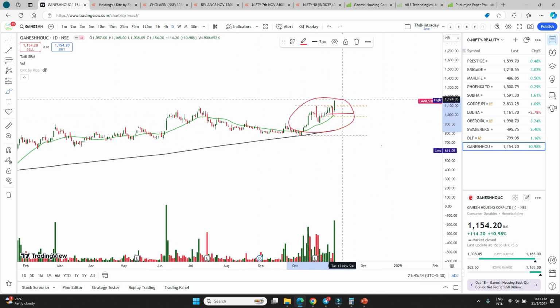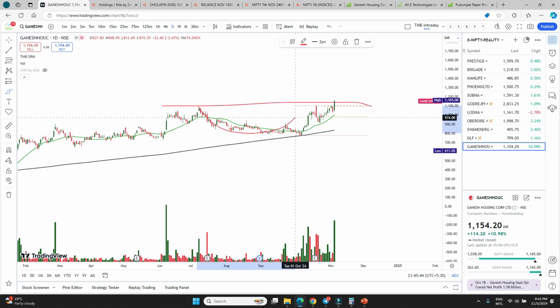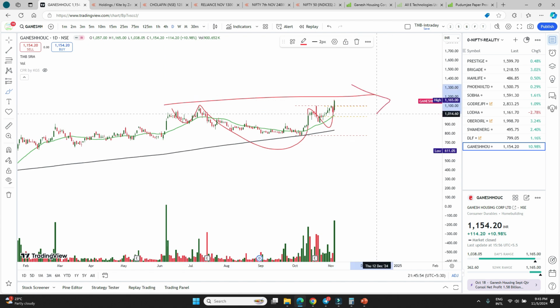This is how we do all kinds of study, the pattern identification. This much I always do. Cup and handle study in the daily time frame, or you can even say inverse head and shoulder breakout.